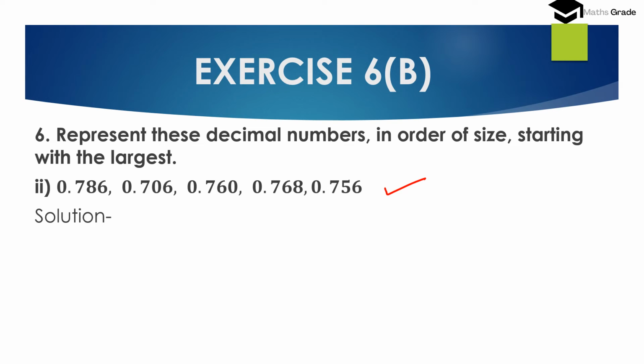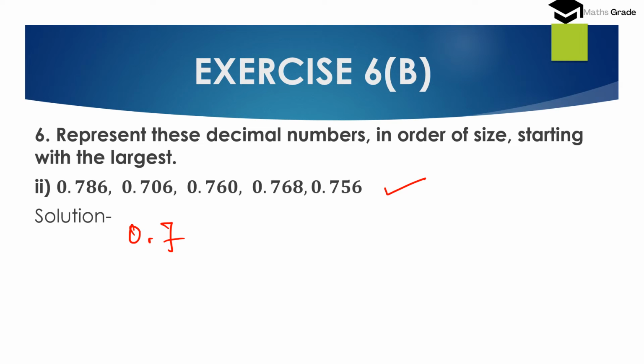So first, in the 0 point, all these decimals have 0, and in the 10th place all the decimals have 7, 0.7.